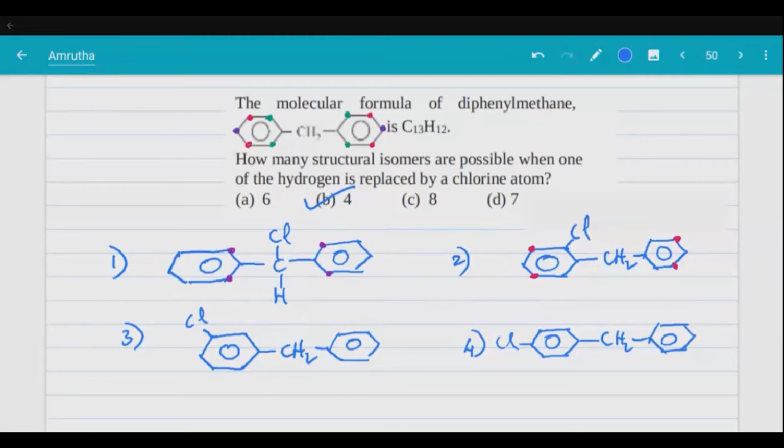Then go systematically, replace each and every hydrogen and check. Okay, done. So we'll move on to the next question now.